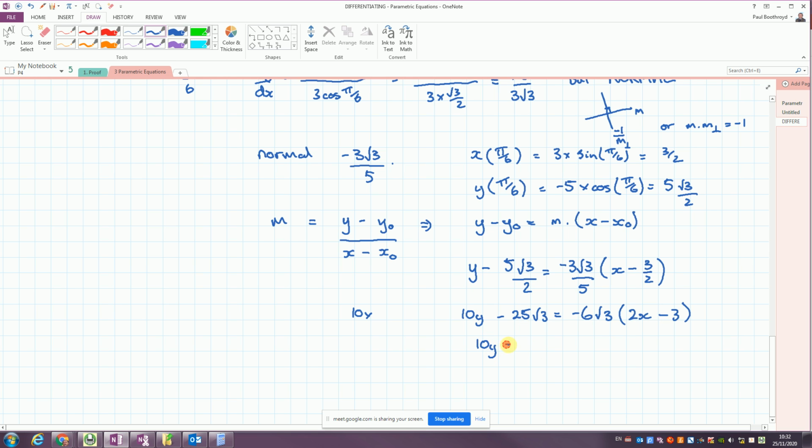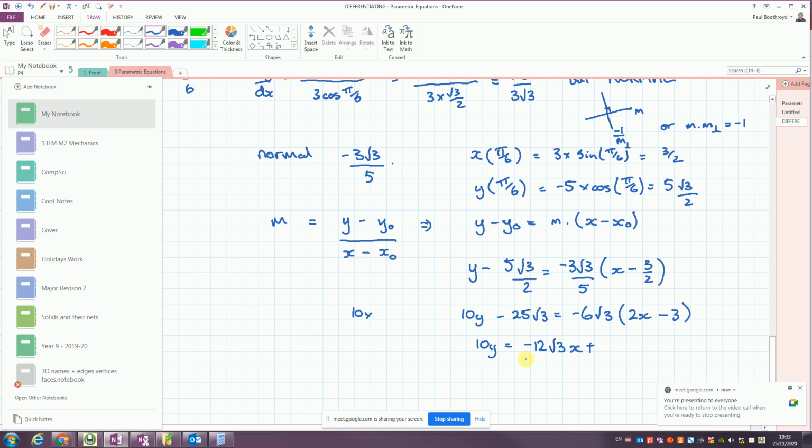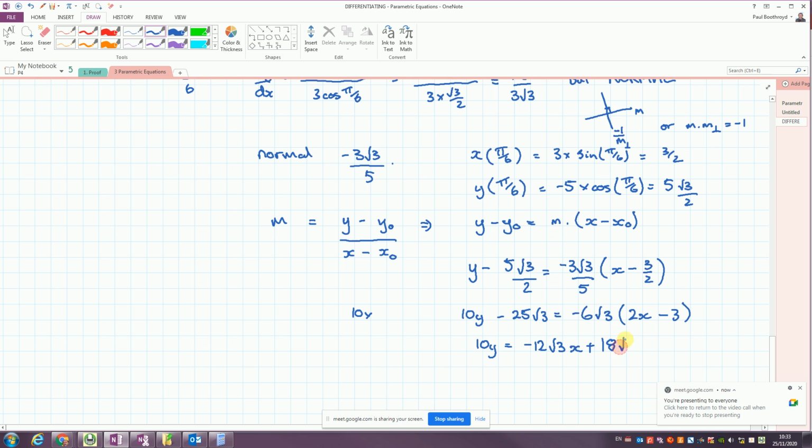So we get 10y equals minus 12 root 3x, add on 18 root 3 minus 25 root 3. 12 doesn't seem to be coming down.